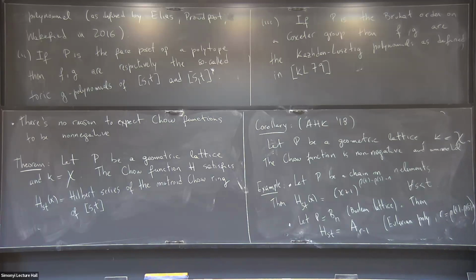Well, if you know that this is a Chow polynomial, then it is unimodal. But suppose I just give you the Boolean lattice and I don't know what a permutohedron is. Oh, you can do induction, because all the intervals in a Boolean lattice are themselves Boolean lattices. So you can do induction and prove a recursion that matches one of the many recursions that the Eulerian polynomials satisfy. So these are two examples that are very concrete in case you're interested.